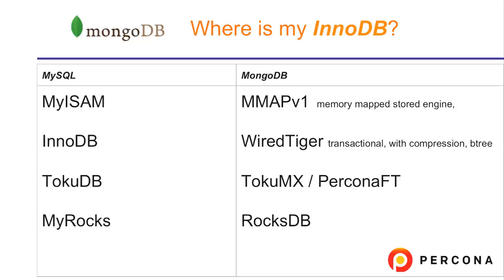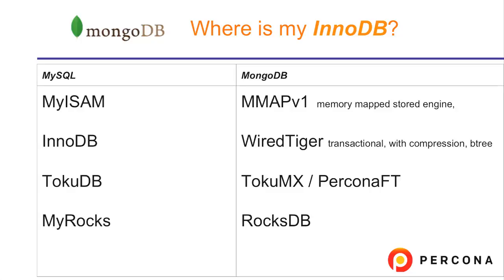WiredTiger is actually the default storage engine starting with version 3. So MongoDB 3.0 has WiredTiger as the default one. And now in Percona Server for MongoDB, we'll also have TokuMX, which is now Percona FT. This is what we have in MySQL and Percona Server as well.